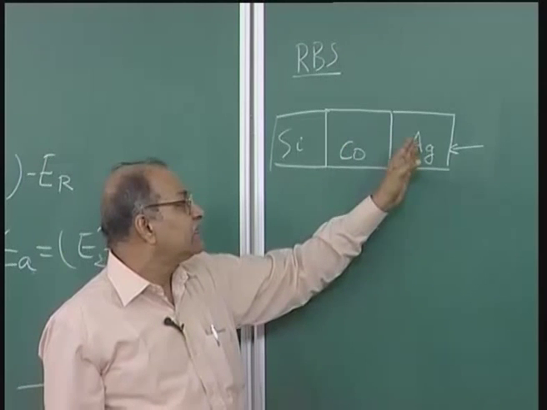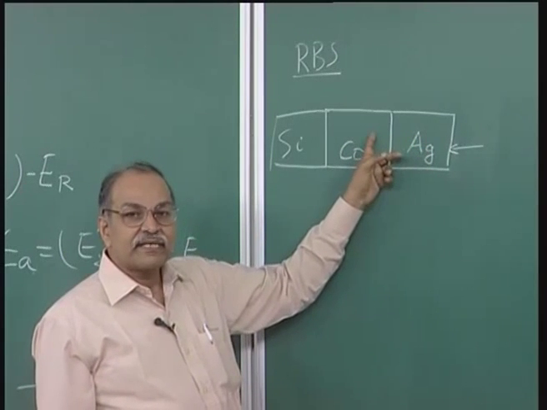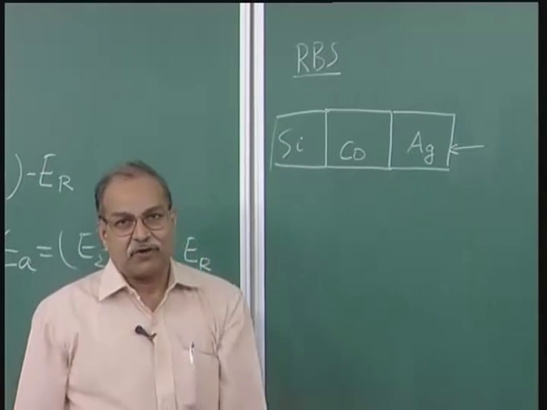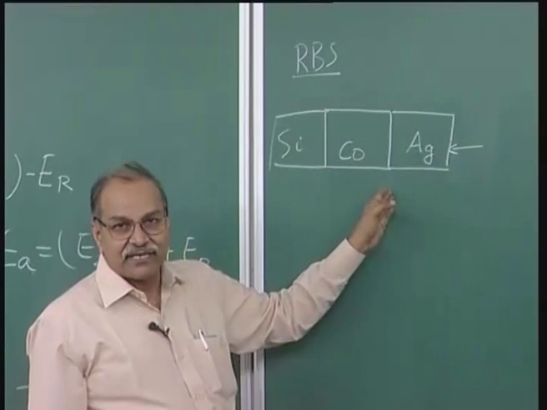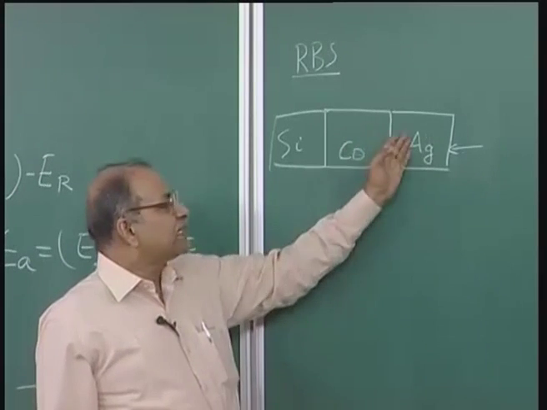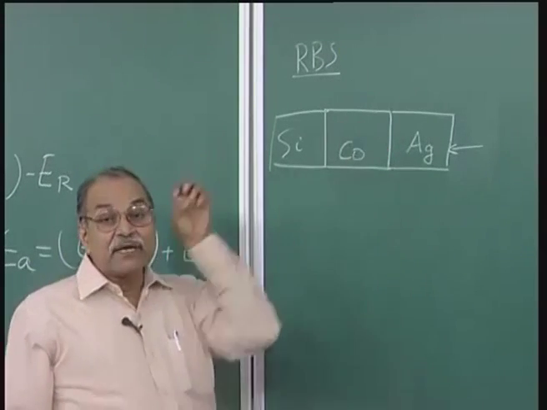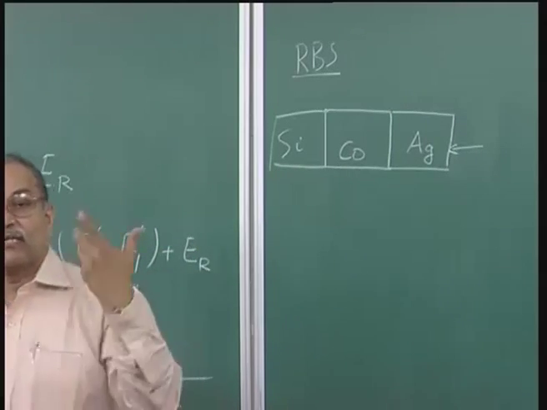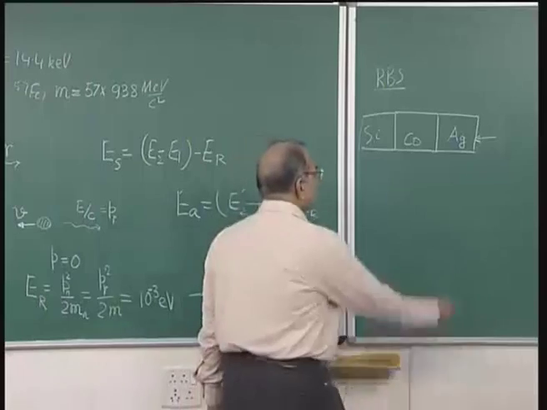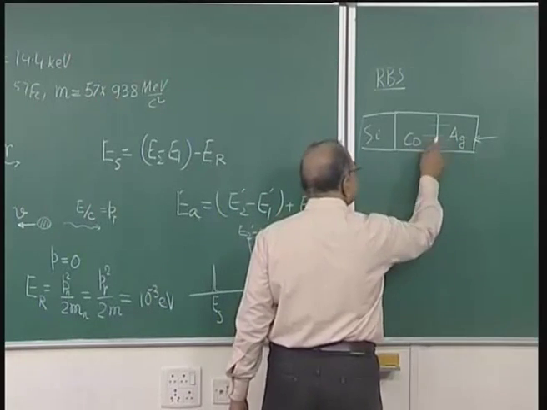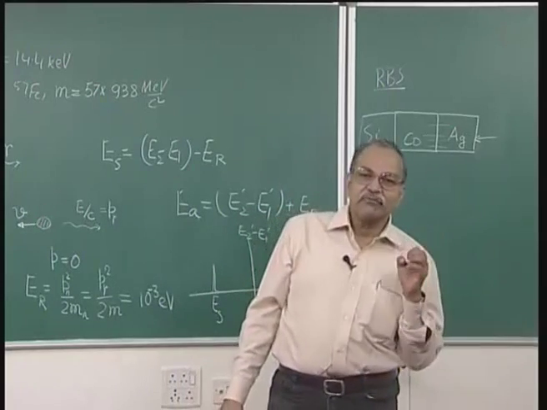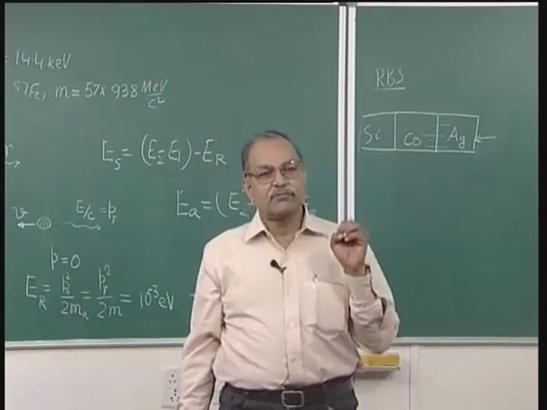Cobalt will come this side, silver will go that side, and many of the physical properties will depend very sensitively on how sharp the interface is and how diffuse it is, how much mixing there is, or deliberately people do mixing to make different phases. So, they want to know how much is cobalt as a function of depth, how much is silver as a function of depth. These kinds of situations can be handled with Rutherford backscattering.